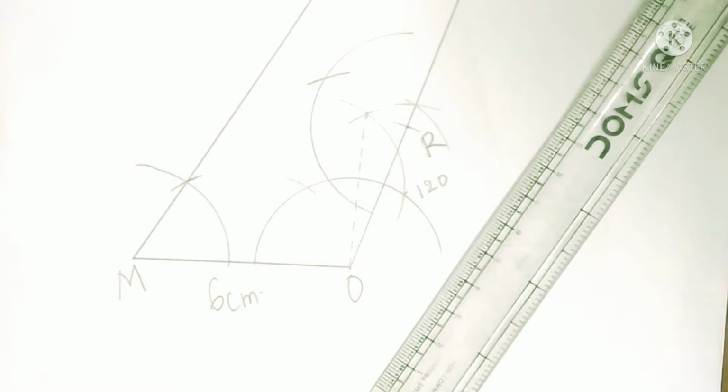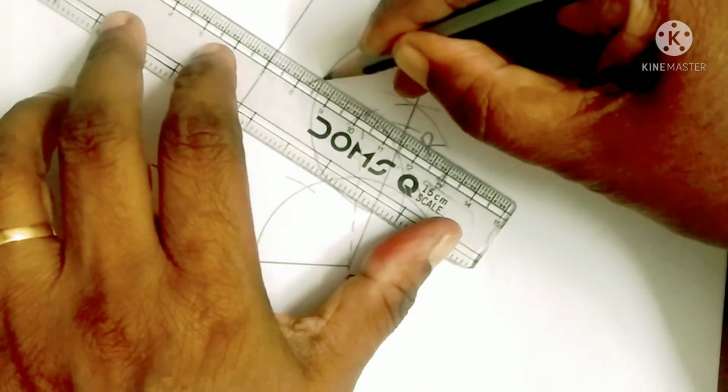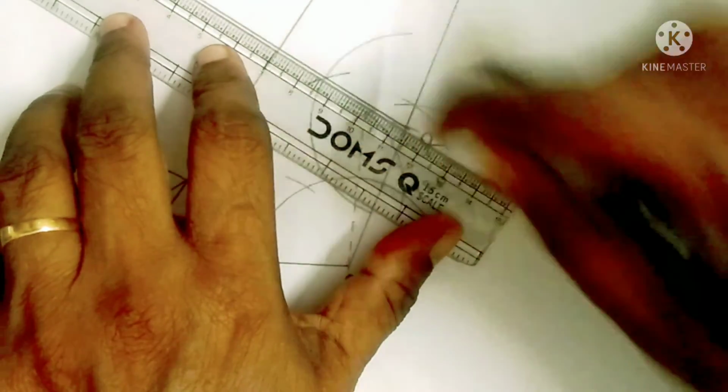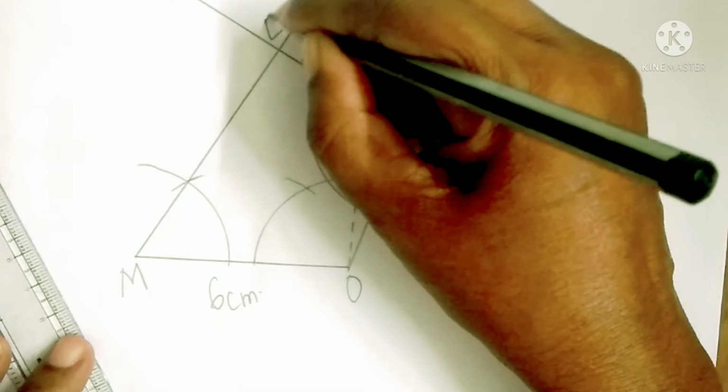So, if you join R and this point and draw one line segment, it will meet at E.